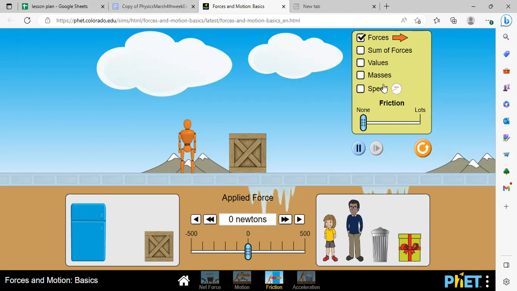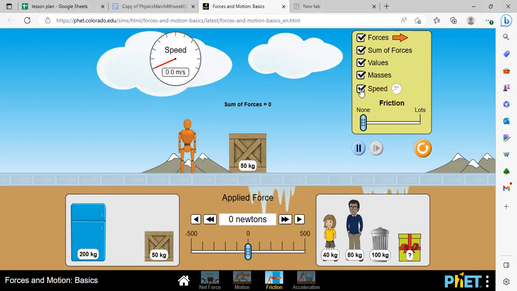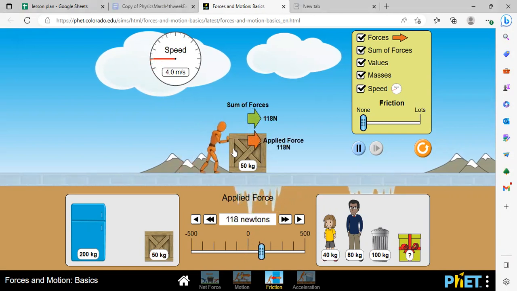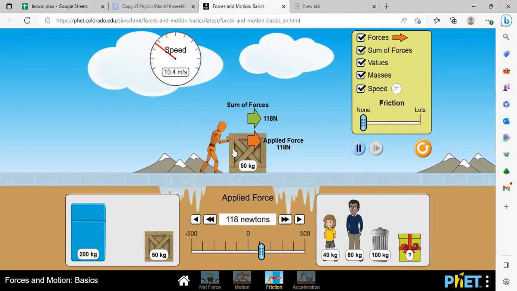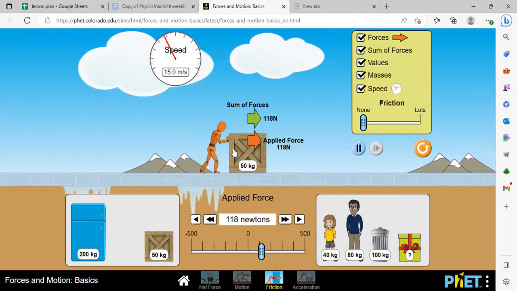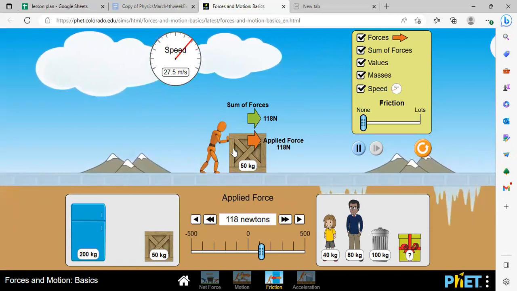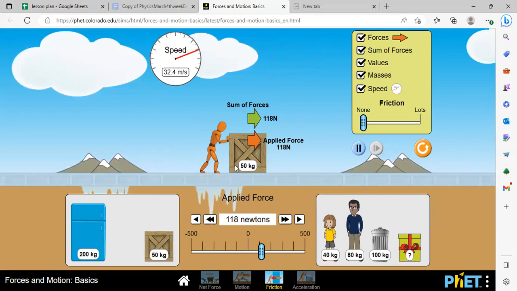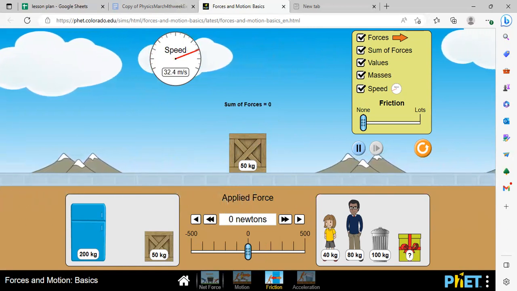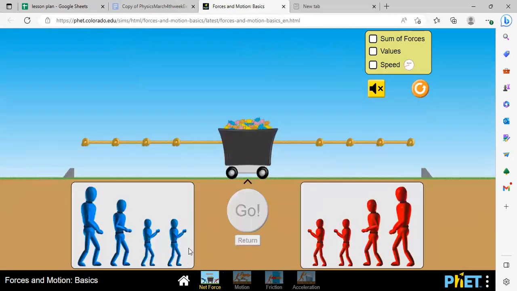Okay, so this time, we're gonna put values here. So yung applied force mo will give this object its acceleration. Okay? So mas maganda yung gamitin natin yung isang example. Ito. So perfect.